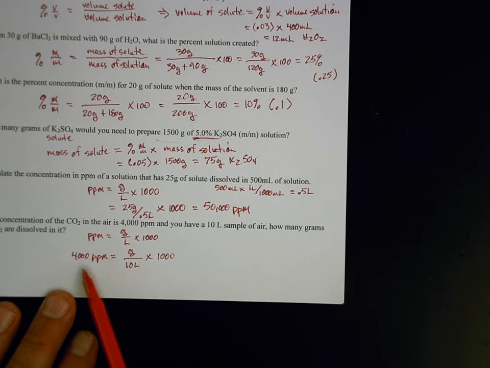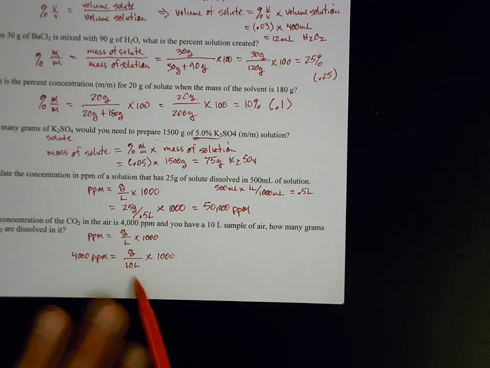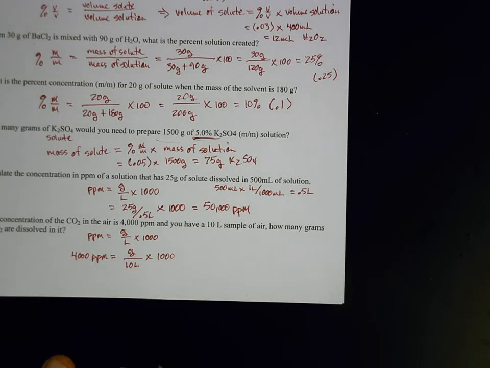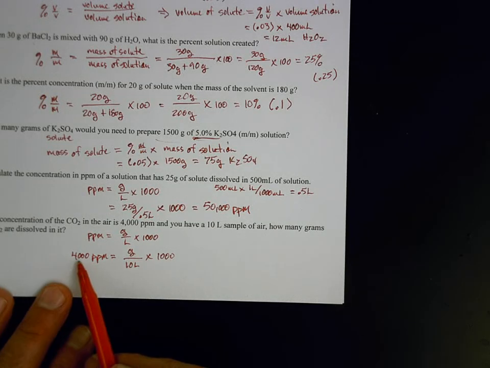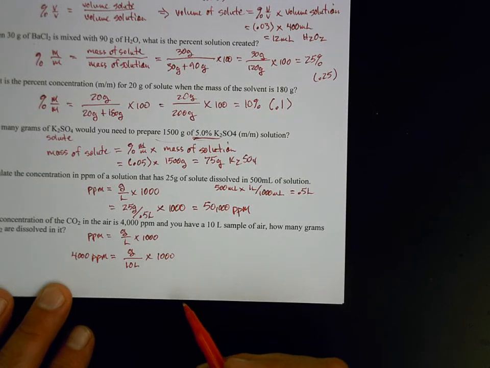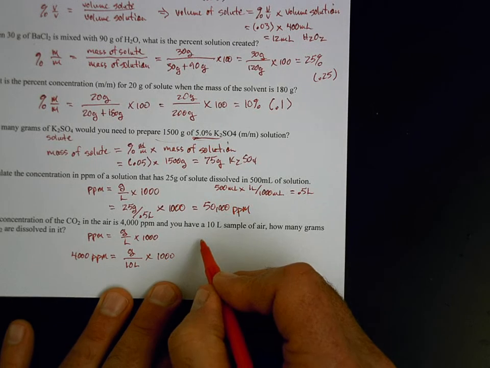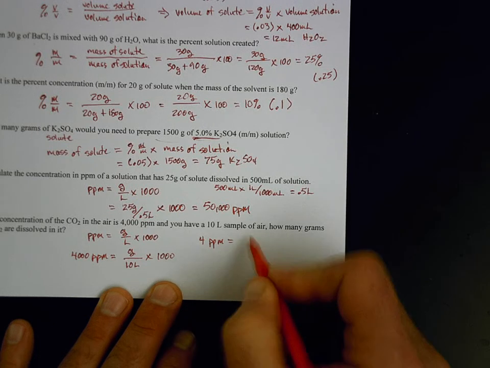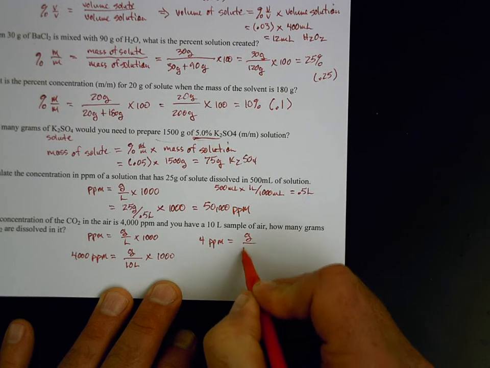Here's the parts per million part. Down here was the volume part, the liters. I'm going to solve for the grams. How many grams was that? Now note, I got 4,000 here and I got 1,000 there. So if I divide both sides by 1,000, I now have 4 parts per million is the grams over the 10 liters.